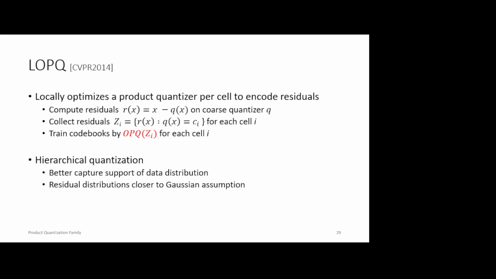Okay, so we already addressed some of these issues, including how they save memory, how they speed up the quantization, and how to apply it to do indexing. Based on product quantization, there are several variants.